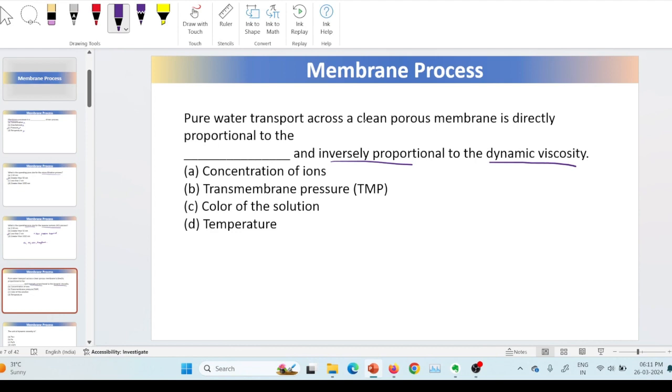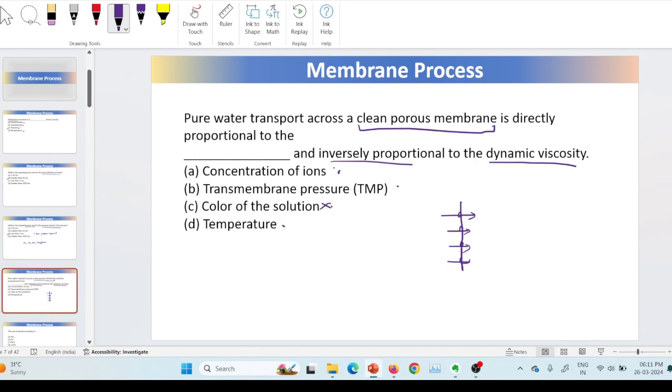The options are concentration of ions, transmembrane pressure, color of the solution, temperature.